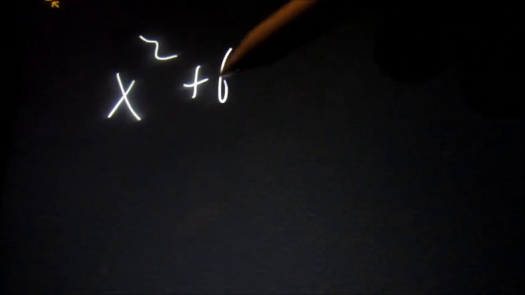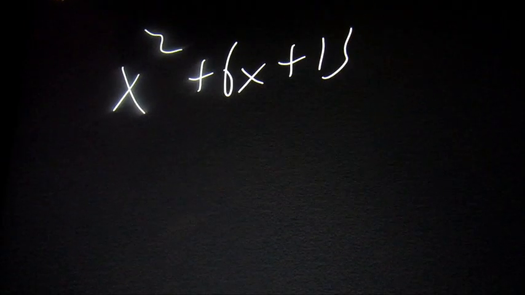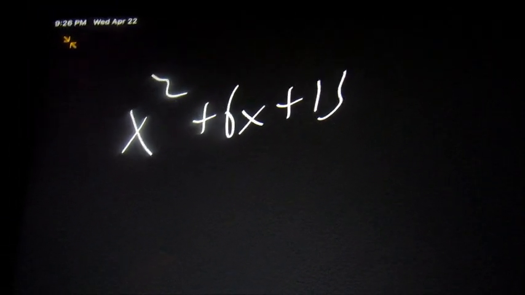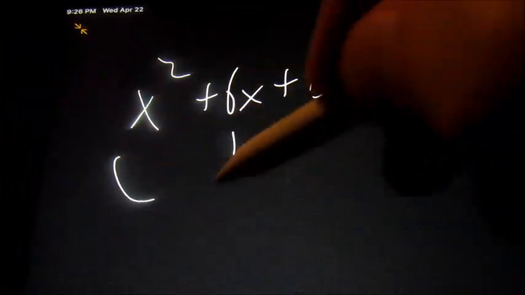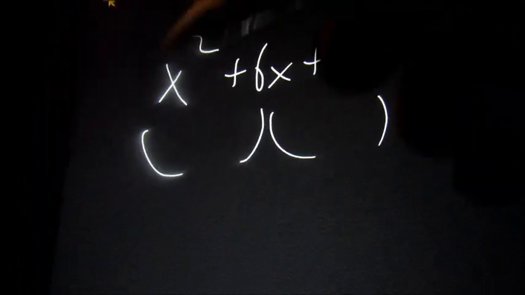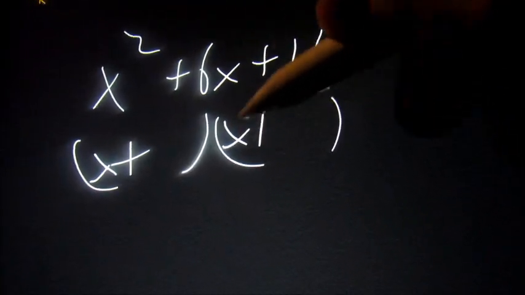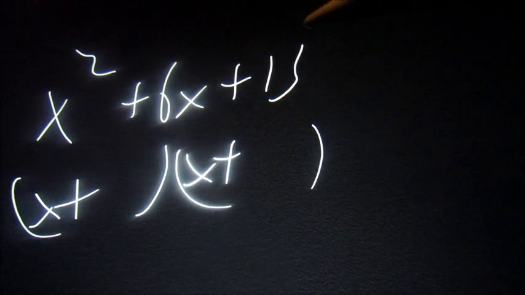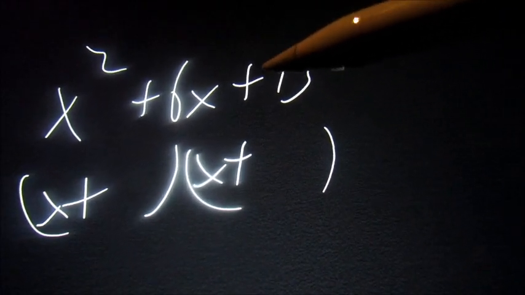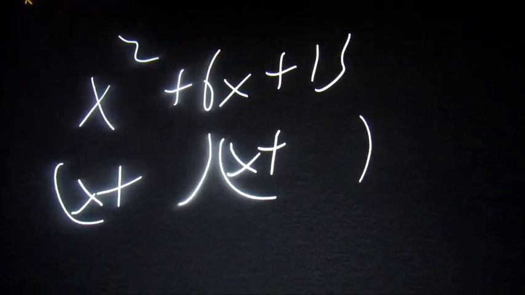Okay, so let's say though that we have something like x squared plus 6x plus 15. Okay, so we have a plus and a plus, so that means we'd have an x plus and an x plus. Our factors of 15, because this one is a plus, have to add up to 6.